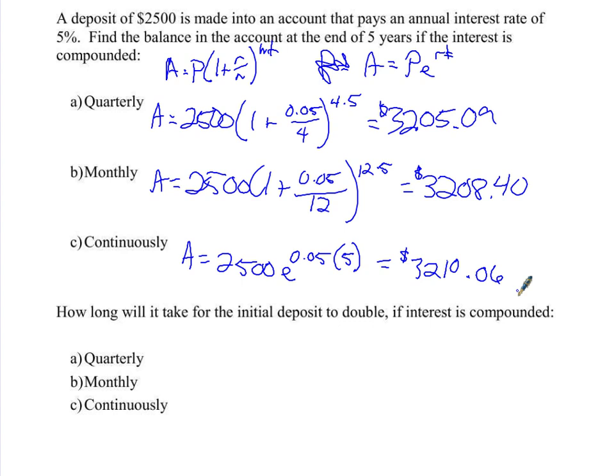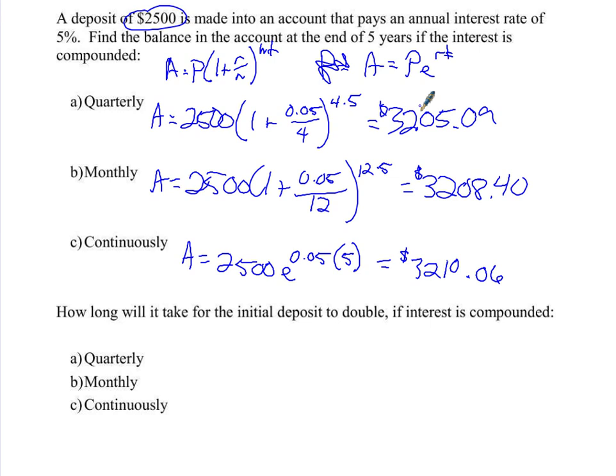Okay, so clearly compounding continuously is the best option. Obviously, in this case, with only a $2,500 initial deposit, you're not making that much more money. But over time, this one starts to take off much faster than these two do. If you had a much larger initial deposit, this one would take off much faster, and these differences in money would quickly become much greater.